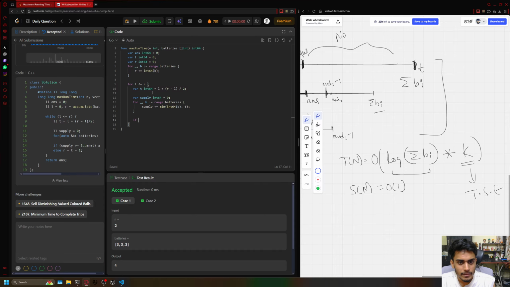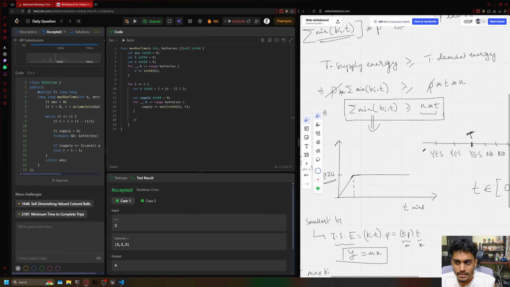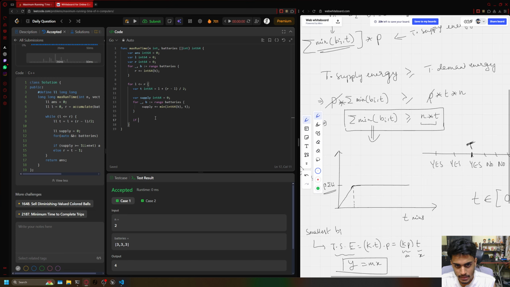Then I'm doing this condition: if my supply is greater than or equal to my total demand energy, which is int64 converted n times t, then I will update my answer to t, and I will search on the right whether I can get some better t value.